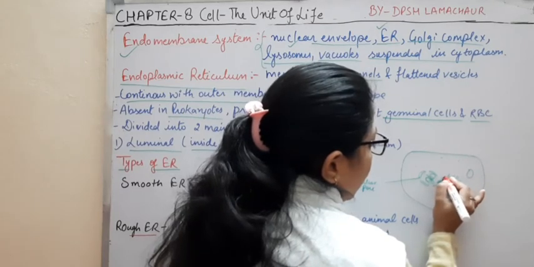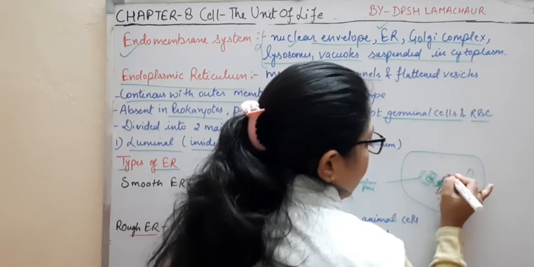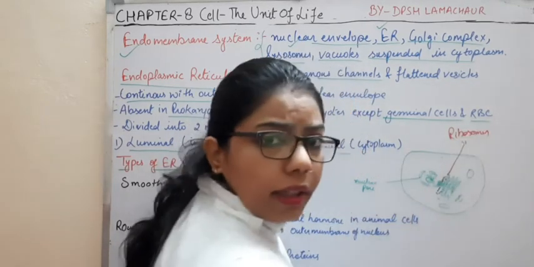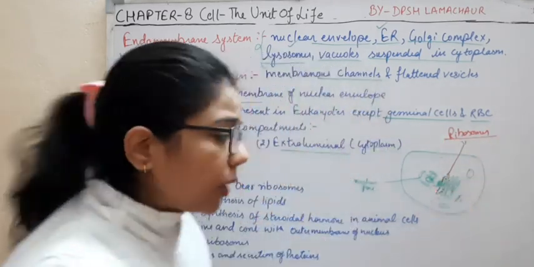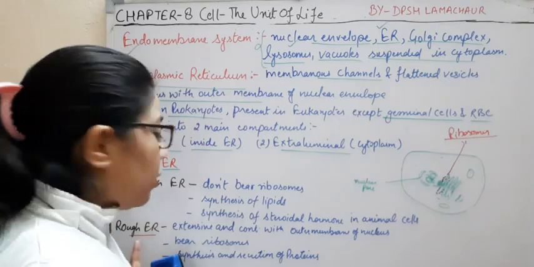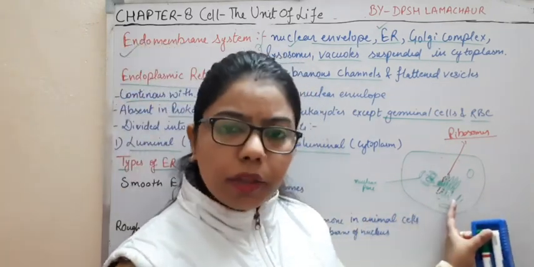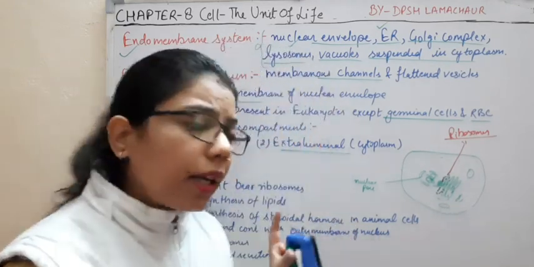So these are the ribosomes which are present on the surface of the endoplasmic reticulum. That's why it becomes rough endoplasmic reticulum. And when they are absent, it will be called smooth endoplasmic reticulum.